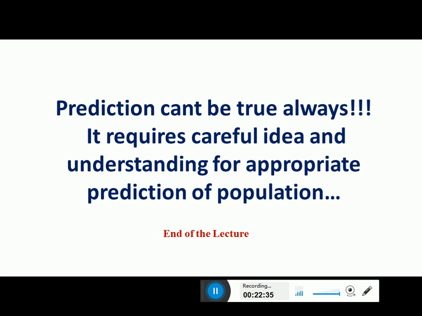Like you might have seen certain people doing prediction studies regarding your life, your marriage, your future, and most of those predictions can't always be true. We cannot actually predict what is going to happen in the future, so it requires careful understanding of appropriate prediction, considering many factors.